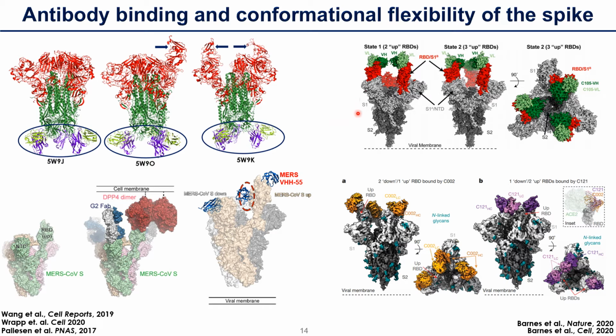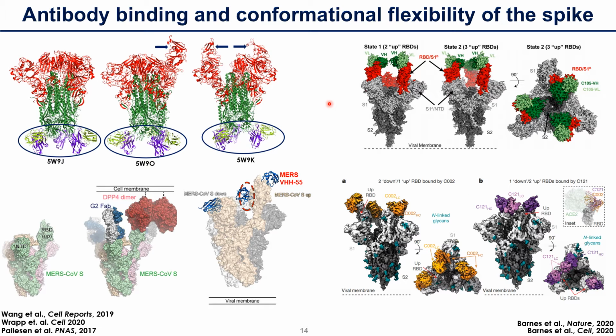A similar kind of work has also been shown for the SARS-CoV-2 spike protein. So here also, you can see that these VHHs are binding to the RBDs when they are in up conformation. And there is another different kind of antibody, CR3022, which was there for SARS-CoV, and these can also bind to the RBD in up conformation, and their binding can induce different kinds of conformational changes in the spike protein.